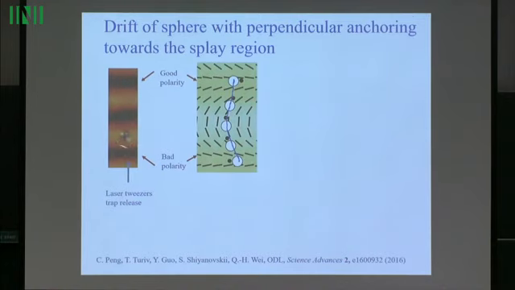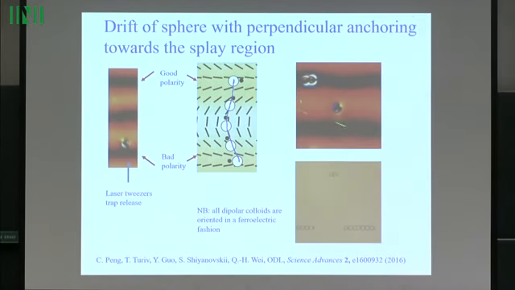Once you release, then this elastic background of the liquid crystal brings the particle to the location of splay, where it fits nicely because the splay around the sphere fits the splay of the background director. The next movie just shows that it's not just one particle. You can assemble many of them. All of them will go into these regions of splay and reside there.